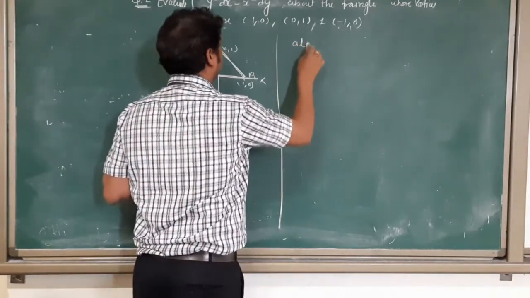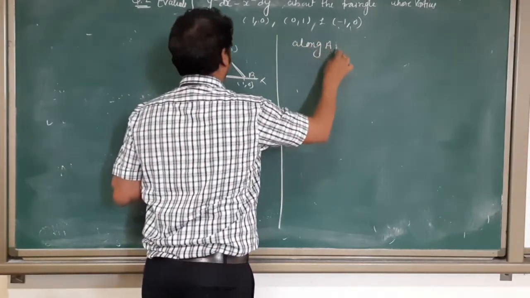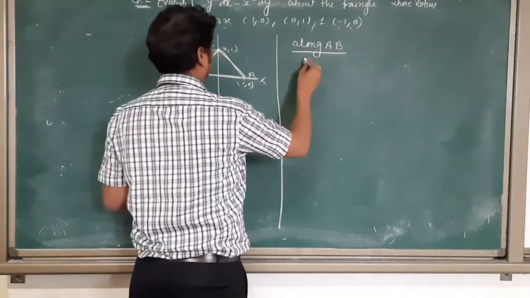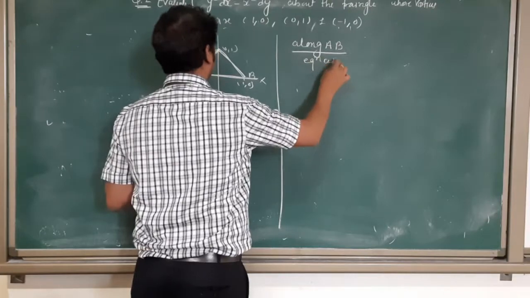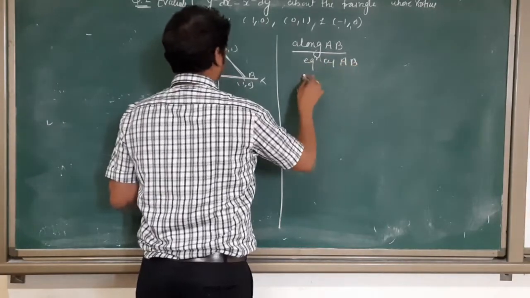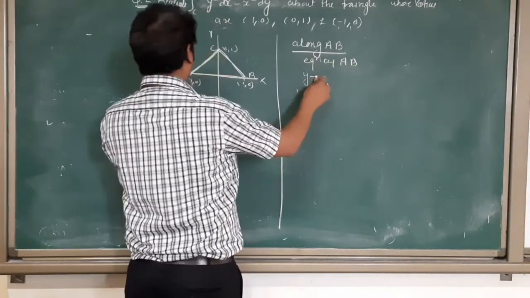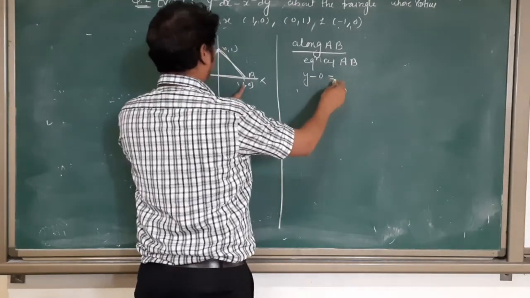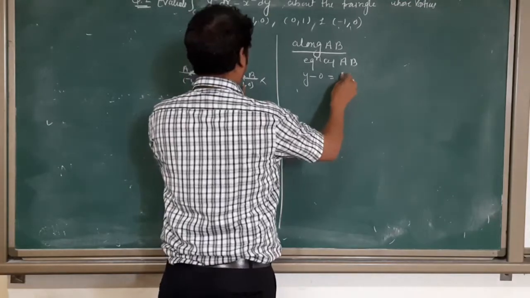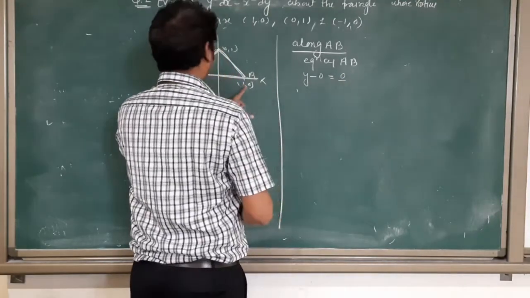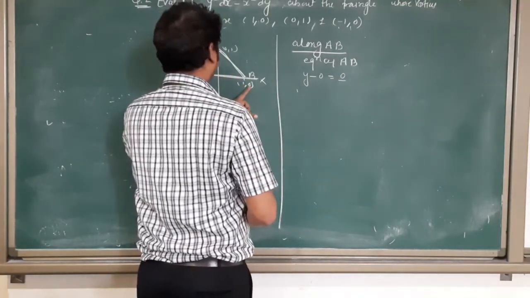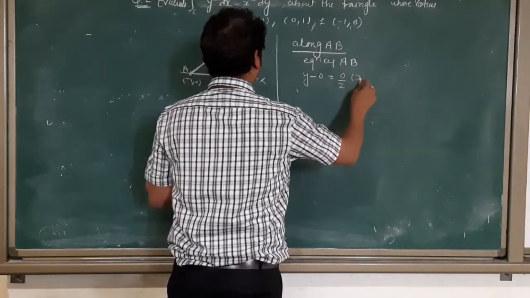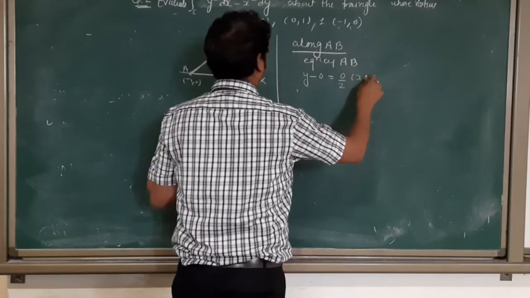So along AB, what is the equation of the line? y minus y1, what is y1? 0, y2 minus y1 is 0, upon x2 minus x1 means 2, times x minus x1, x1 is plus 1.